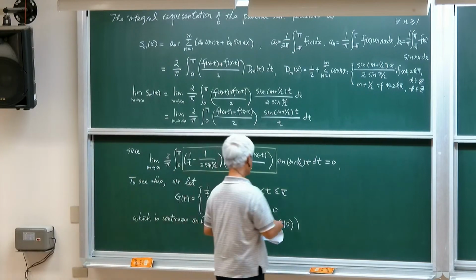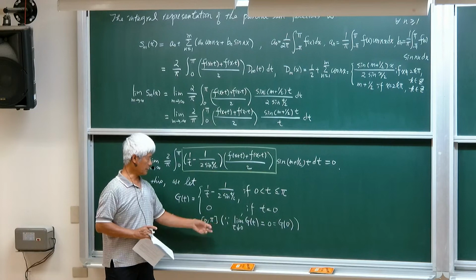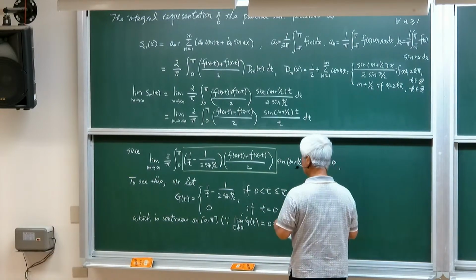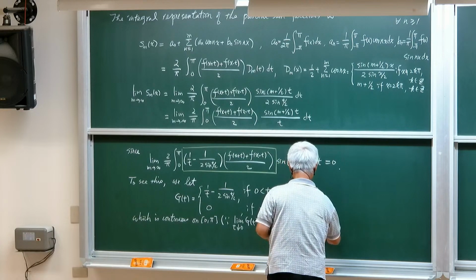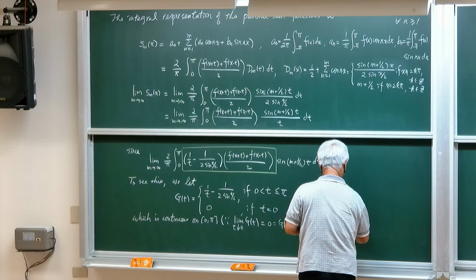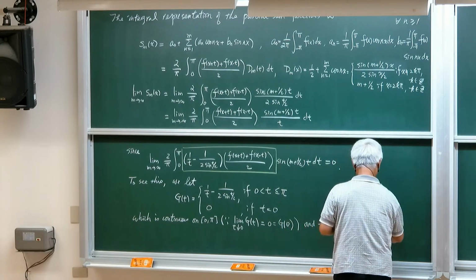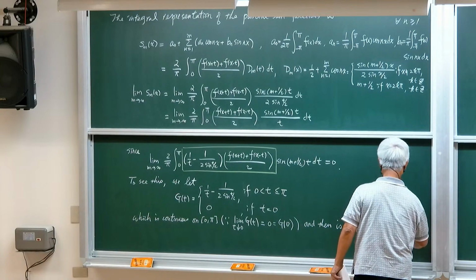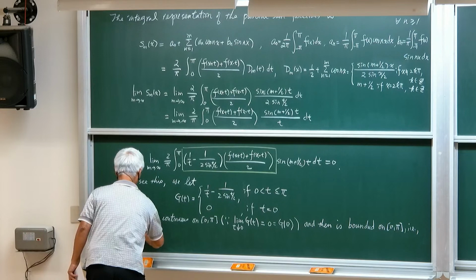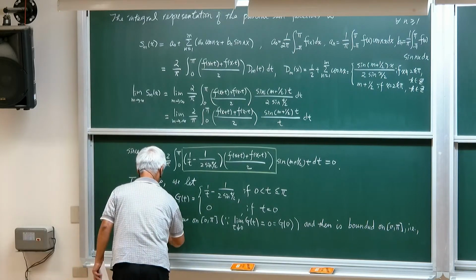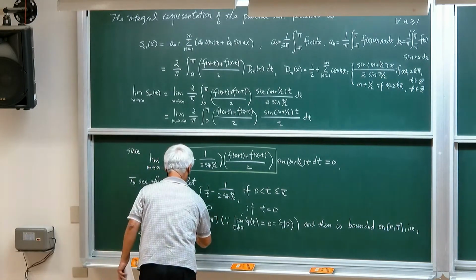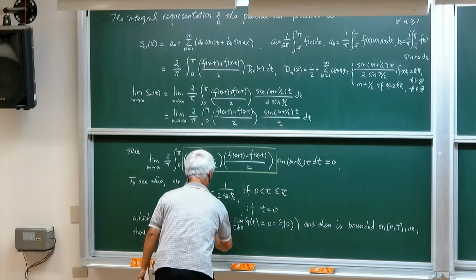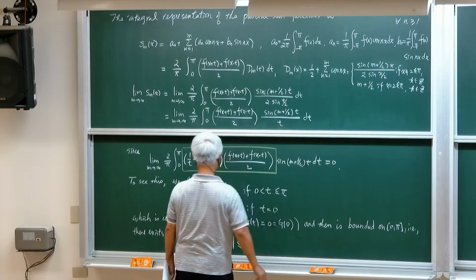Okay, and as a continuous function on a bounded closed interval, it is bounded on this interval, i.e., there exists an N greater than 0 such that g(t) is less than or equal to N. Okay.